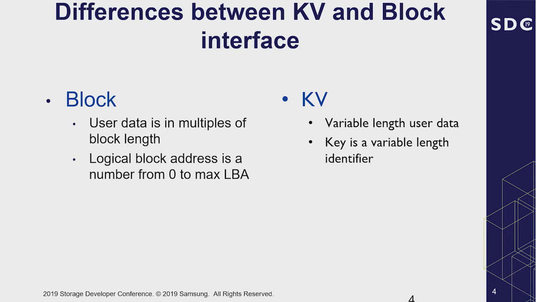Now, it doesn't mean that if you took a key that is 16 bytes long and started at the number 0 and went to the number all F's for that 16 bytes, that there is storage for all of those keys. So it is inherently a thinly provisioned device where you have a lot more potential keys that you could define than what you can actually store on the device.